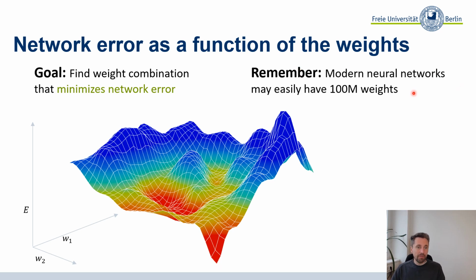So remember, we have easily many, many hundreds of millions of weights, and we can't do this manual tuning, right? We can't test all different combinations. We have to devise an algorithm that tells us, maybe when we start here, where to go to end up in a region that yields minimal error.